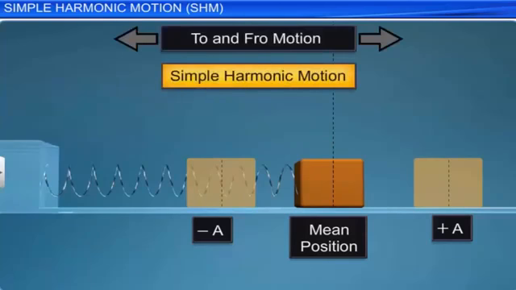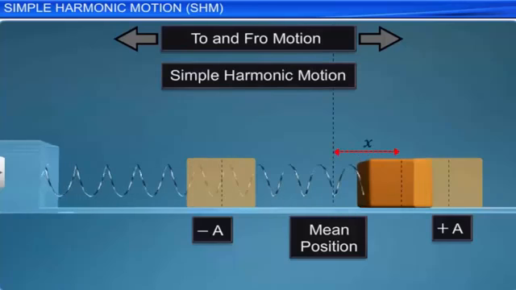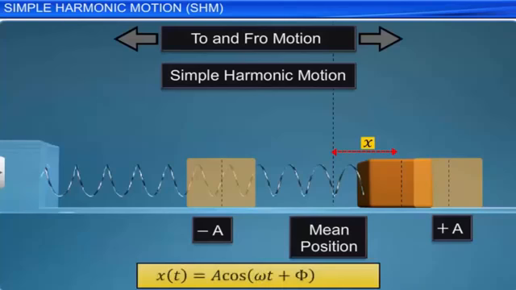The displacement of the particle from the origin is a function of time t. The displacement x of a particle in simple harmonic motion can be expressed as x(t) = a cos(ωt + φ). Let this be equation 1.